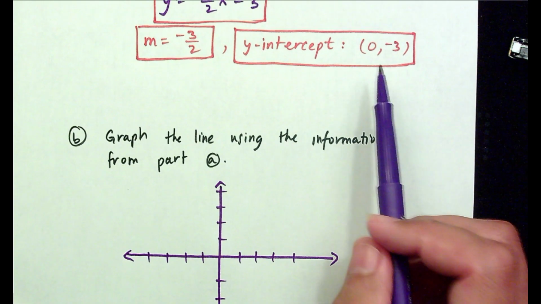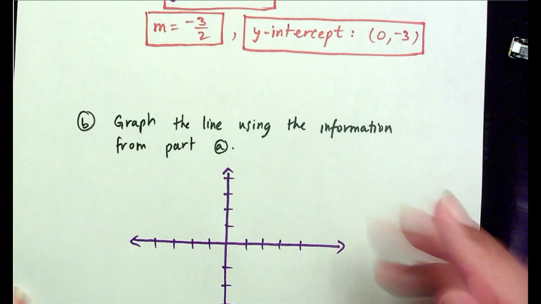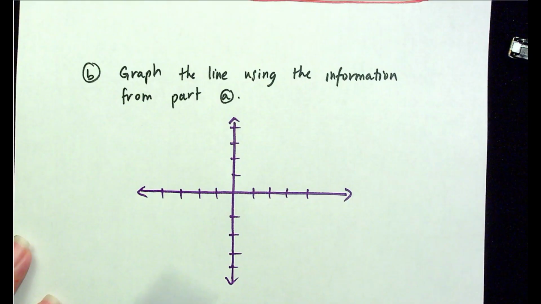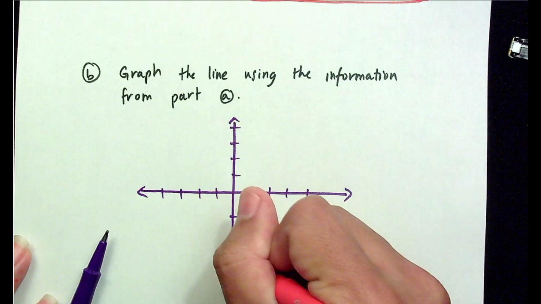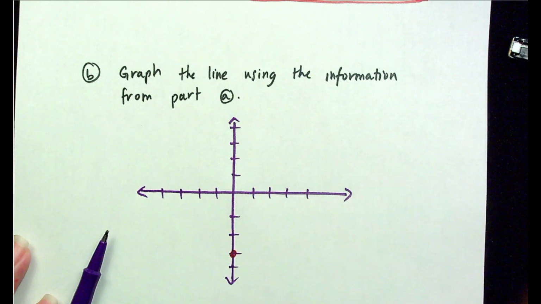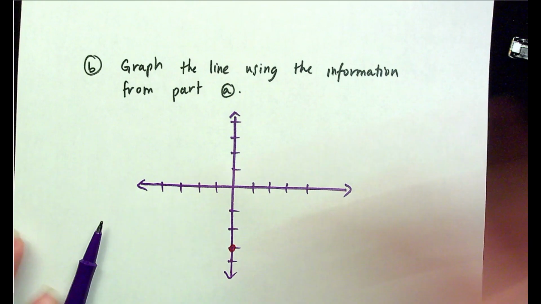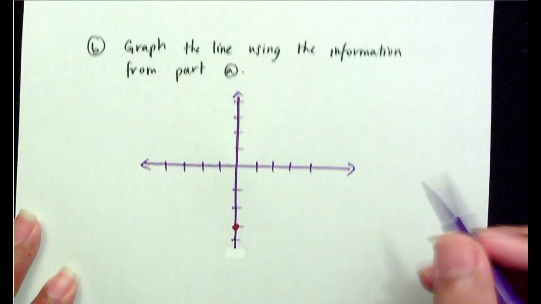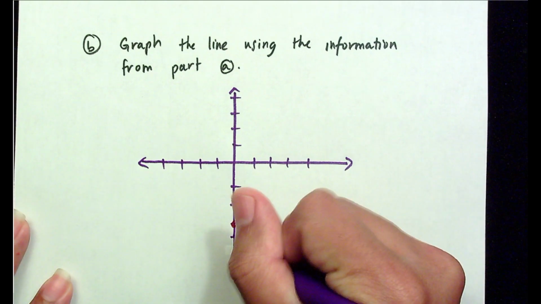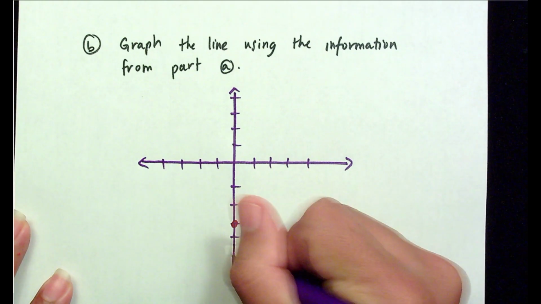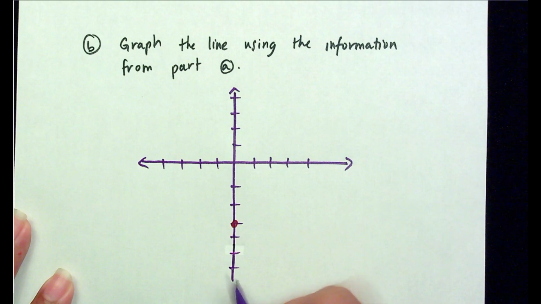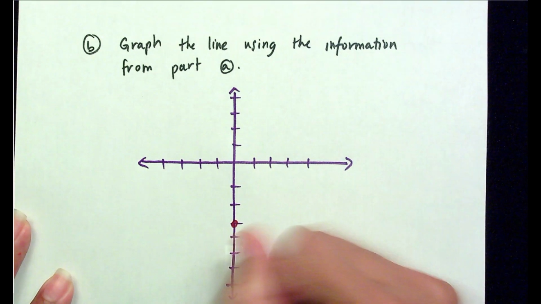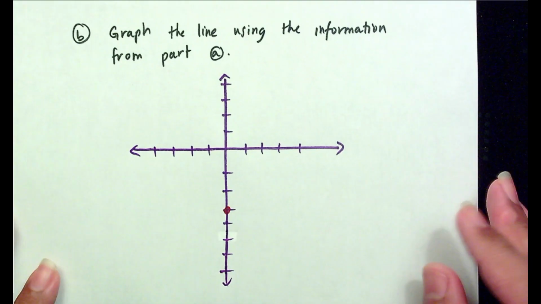Okay, so we start by plotting the y-intercept, which is 0, negative 3, so we would be right here. We might need to draw this a little bit longer. Okay, so we have the y-intercept right there.